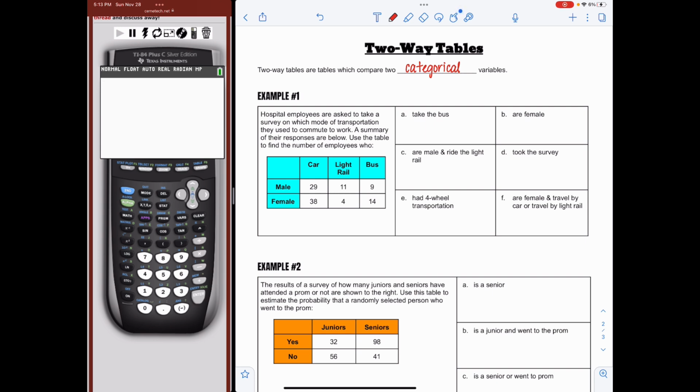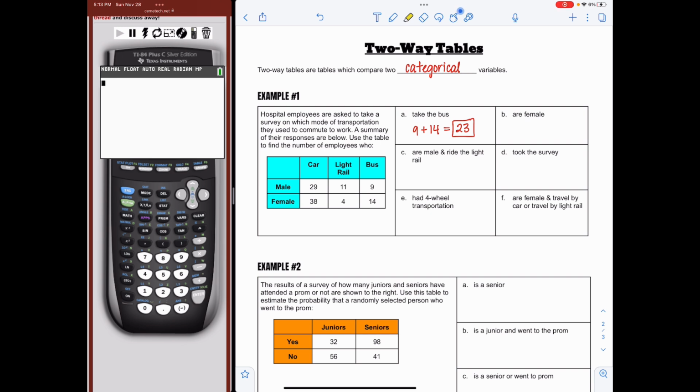Use the table to find the number of employees who, A, take the bus. So the number of people who take the bus, there are 9 males and 14 females. And we know that 9 plus 14 is equal to 23. We want to then find the number of employees who are female.